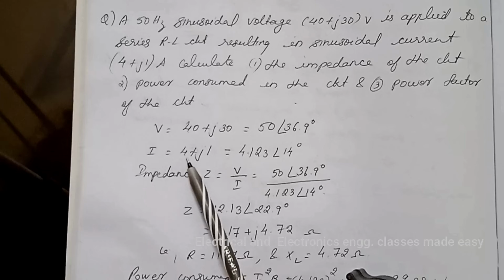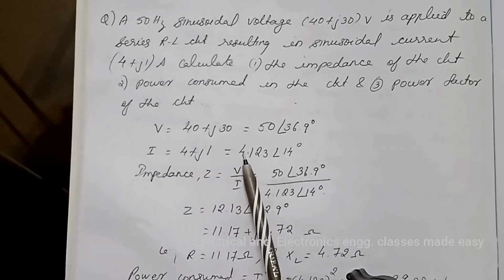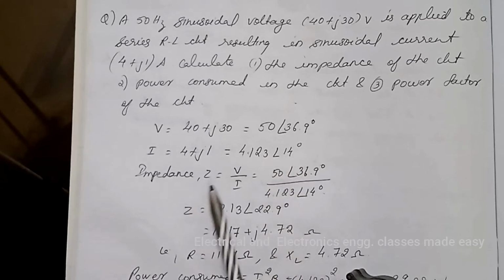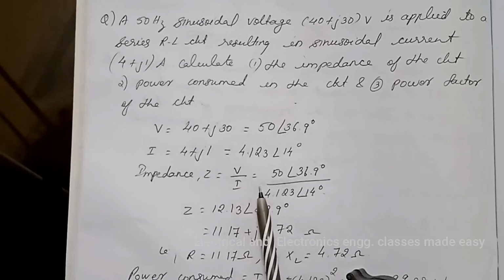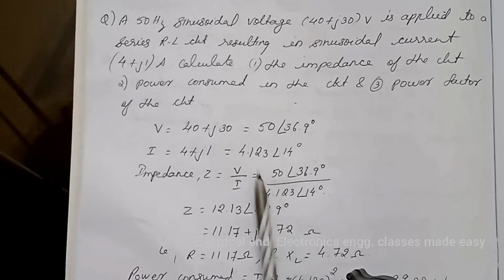Similarly, current I is equal to 4 plus j1 and is equivalent to 4.123 angle 14 degree. Now the impedance Z is equal to V by I, that is 50 angle 36.9 divided by 4.123 angle 14 degree.